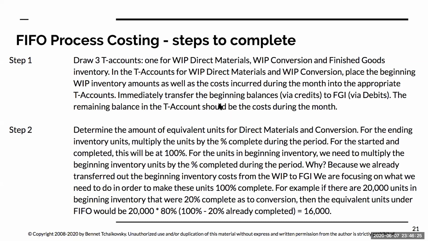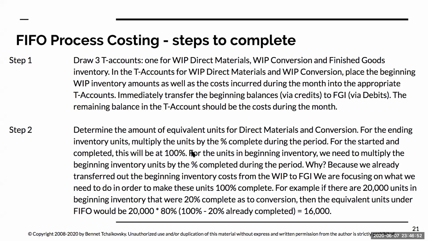We're also going to put in the amounts for the beginning inventory, as well as the costs incurred during the month. However, the difference is that we're going to immediately transfer the beginning balances to finished goods inventory, so that the ending balance in the work in process accounts should be those costs during the month.